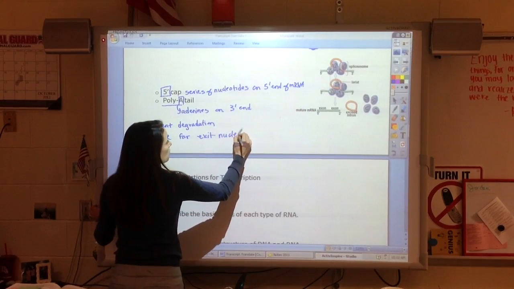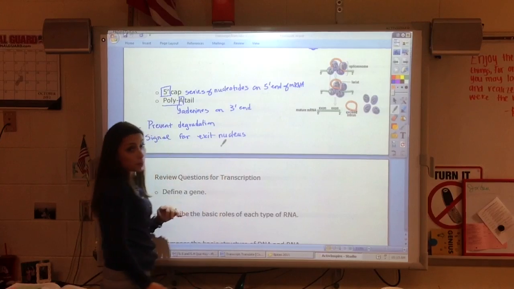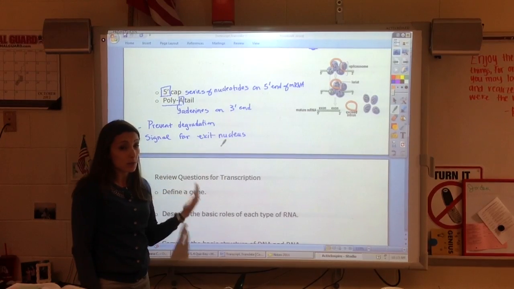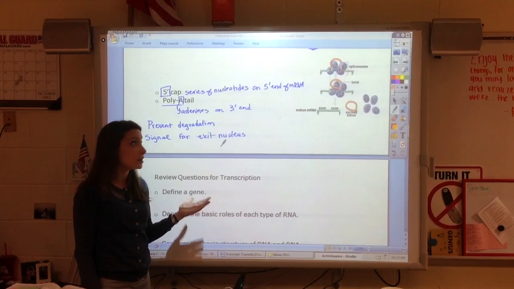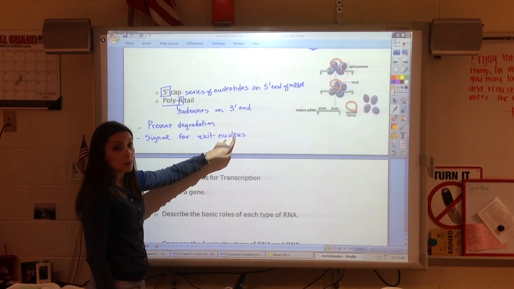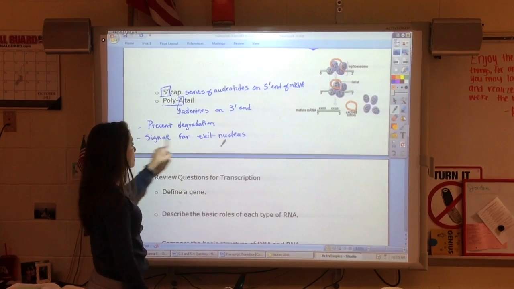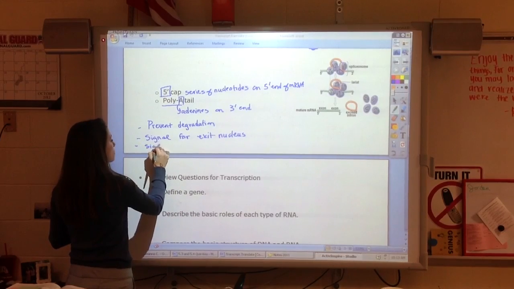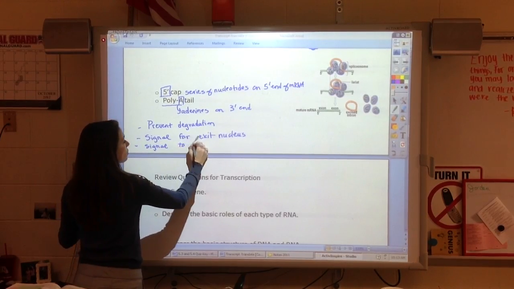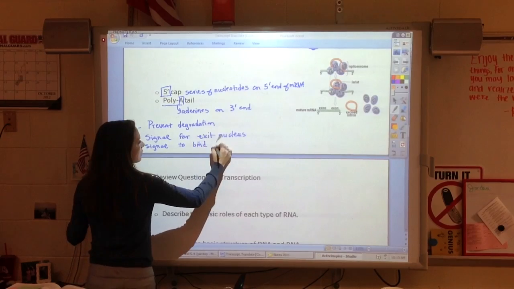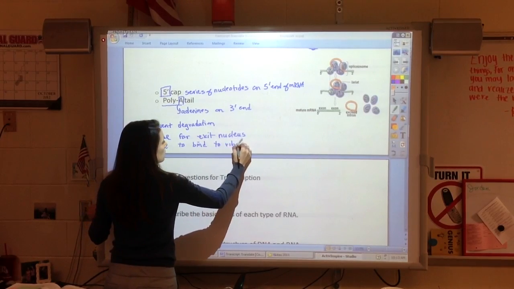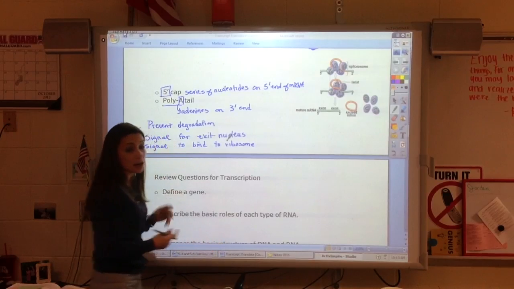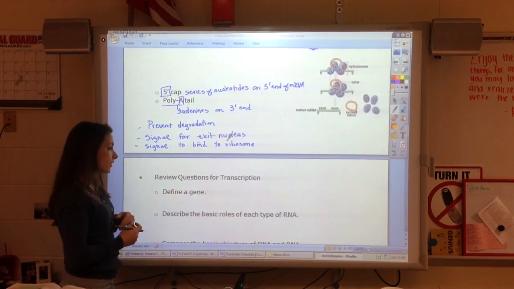So remember, the nucleus is very selectively permeable, only allows certain things to move across the membrane, much more so than the cell membrane. So the nuclear membrane is very selective. So we need a signal to help us exit the nucleus. We also need a signal to bind to the ribosome. So they believe that the cap and the tail are going to help with that, as well as prevent degradation.